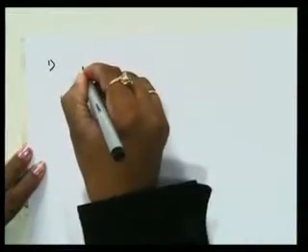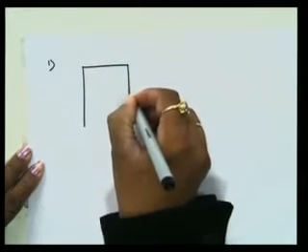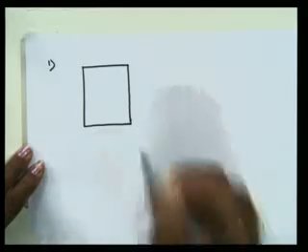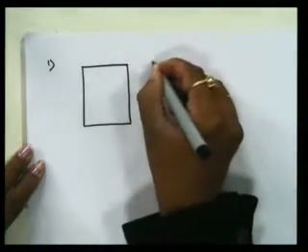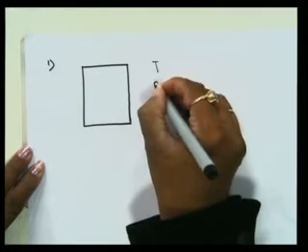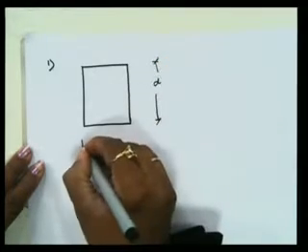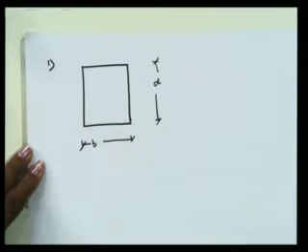First of all I will draw a rectangular section, because we are deriving the formula for shear stress for a rectangular section. Its dimensions are depth D and width B.